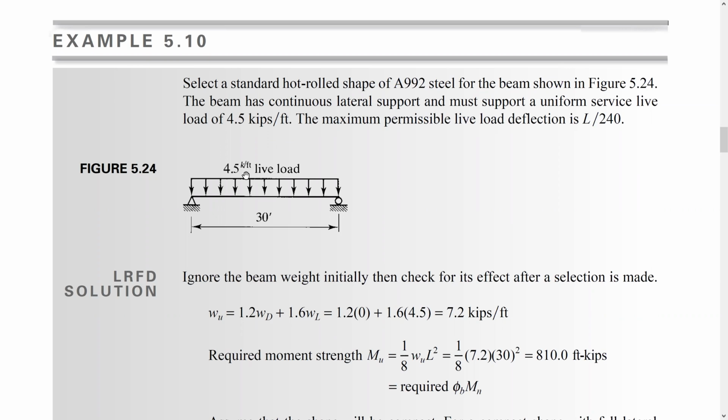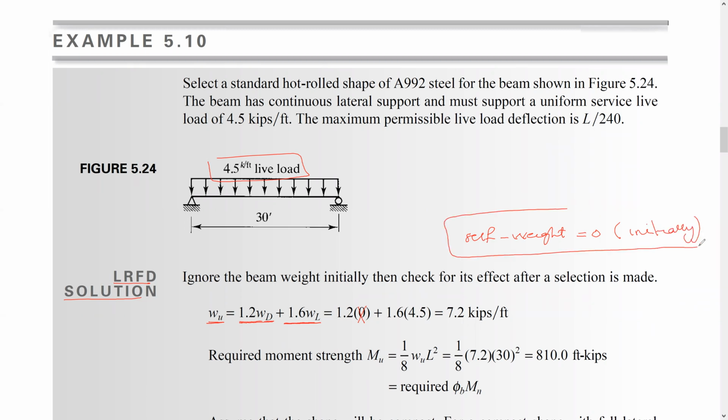Okay, the first step, we need to ignore the self weight of the beam, meaning we consider it zero. And we're going to start with the LRFD method. So the load intensity is 1.2 dead load plus 1.6 live load. Dead load is equal to 0. Why equal to 0? We don't have a dead load here, and we assume the self weight of the beam equals 0 in the beginning, just initially.